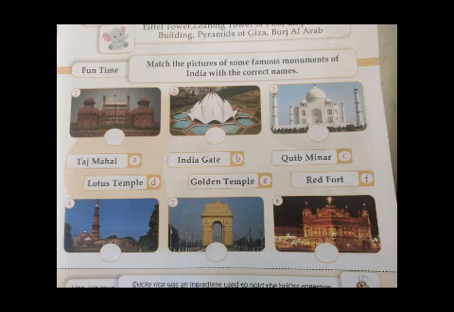It was built in 1632 by the Mughal emperor Shah Jahan to house the tomb of his favorite wife, Mumtaz Mahal. That's why it is called Taj Mahal. It also houses the tomb of Shah Jahan himself. So it is also one of the 7 wonders of the world. In the third one you can write option A, that is Taj Mahal.